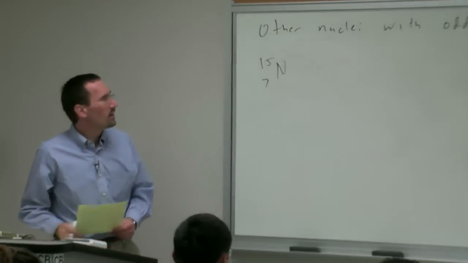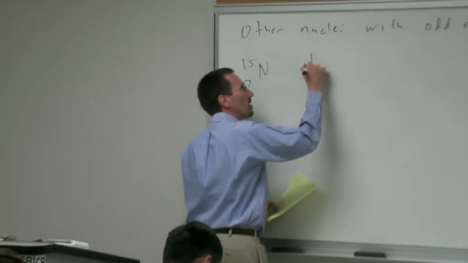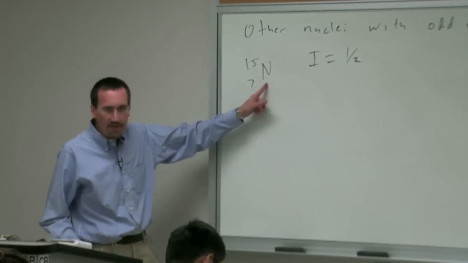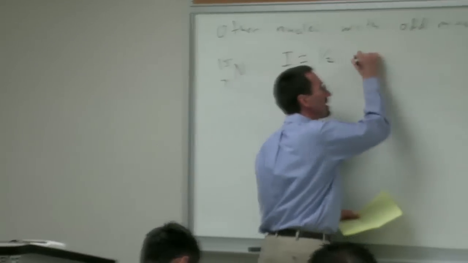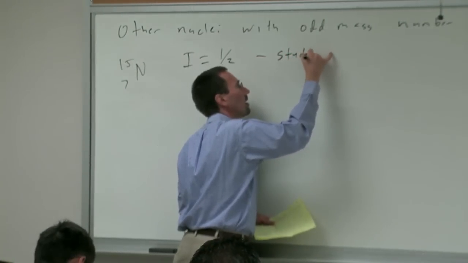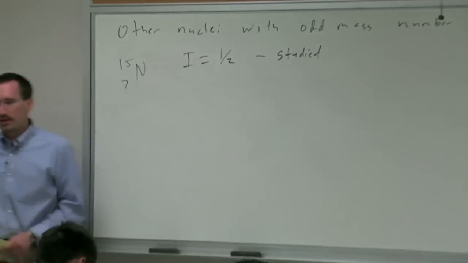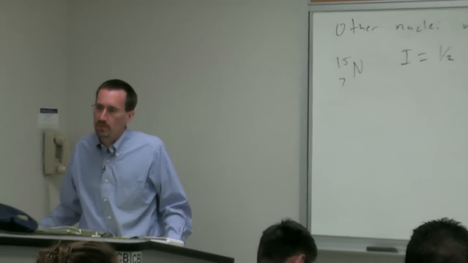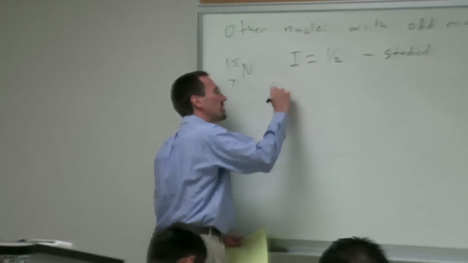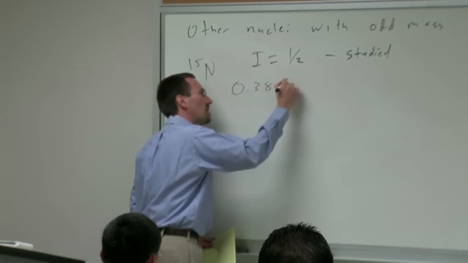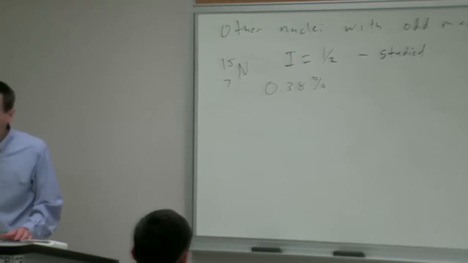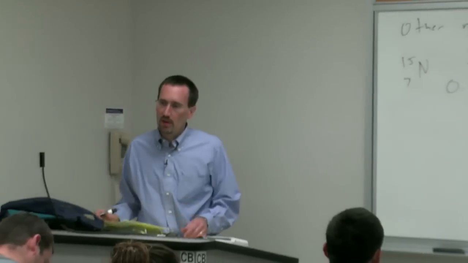Nitrogen 15 has a spin number of I equals 1/2. And indeed, N15 is often studied. Most nitrogen is not N15. We talked about this when we talked about mass spectrometry. We said that the natural abundance of N15 is 0.38%. And that's really, really low.